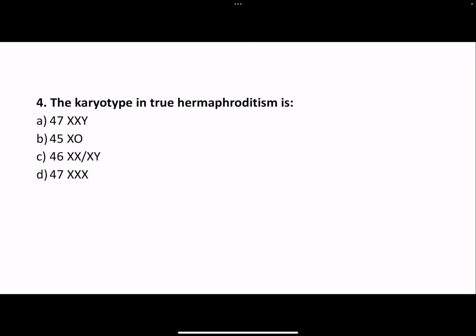Question number 4. The karyotype in true hermaphrodite is. So what is meant by true hermaphroditism? Here in the true hermaphrodite, there is one ovary and one testis.